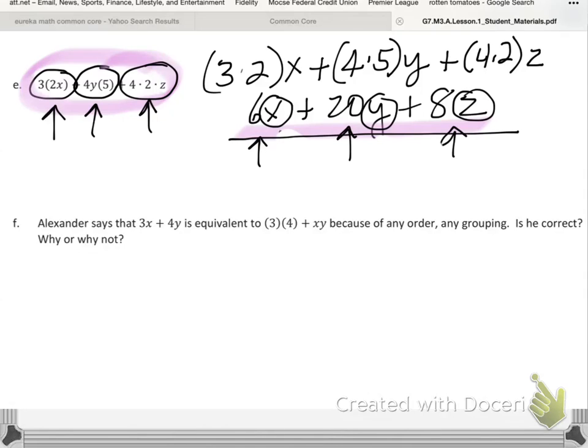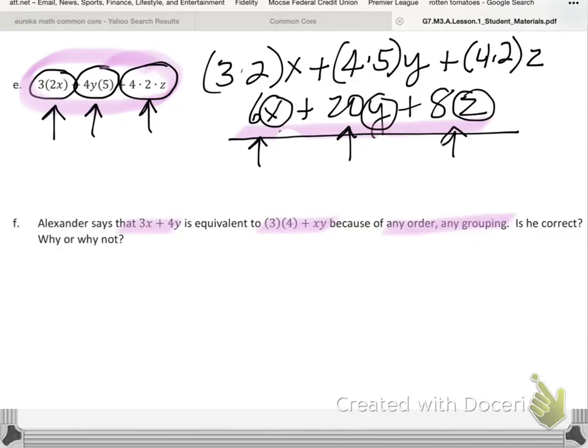Now F, of course, putting all that we learned into a word problem. So here we go, saying Alexander says that 3x plus 4y is equivalent to 3 times 4 plus x times y because of the any order, any grouping.